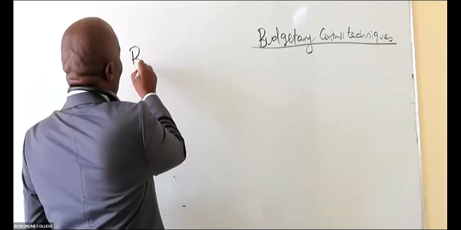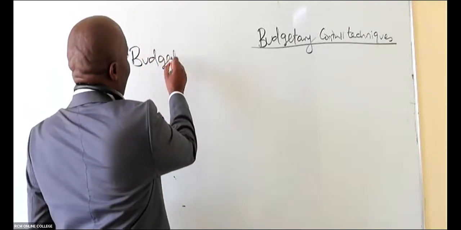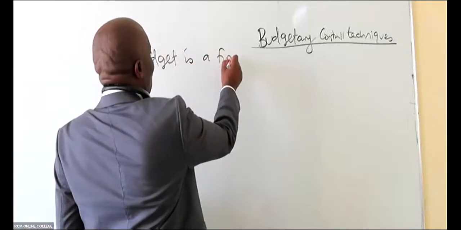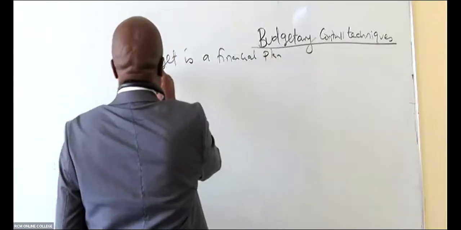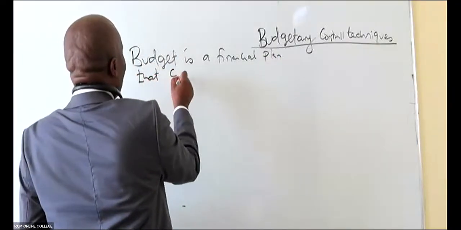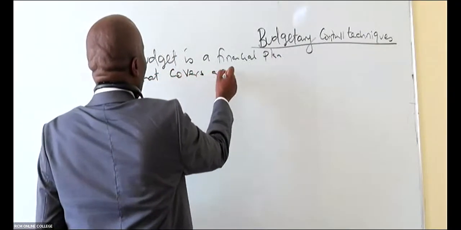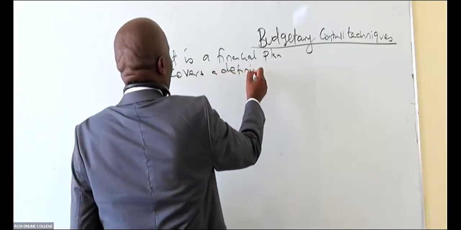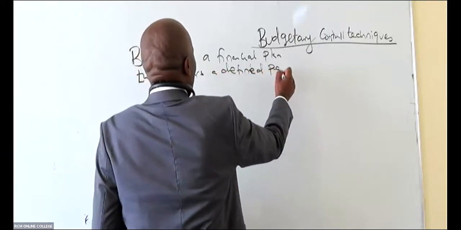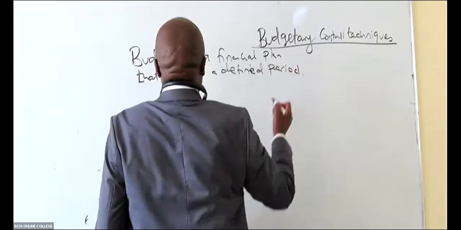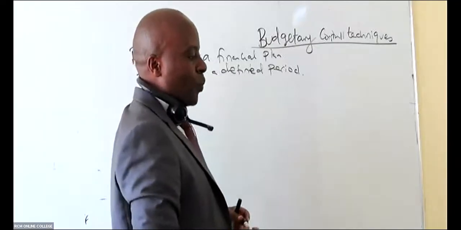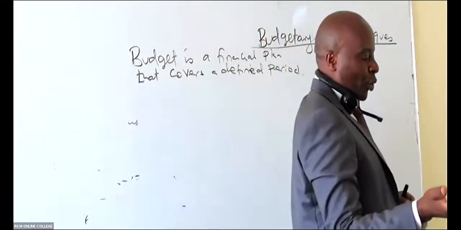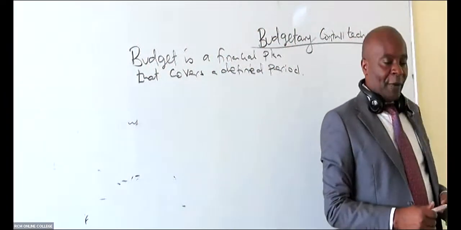Very, very important for you to know that a budget is a financial plan that covers a defined period. A future period, of course, isn't it? So a budget is a financial plan.